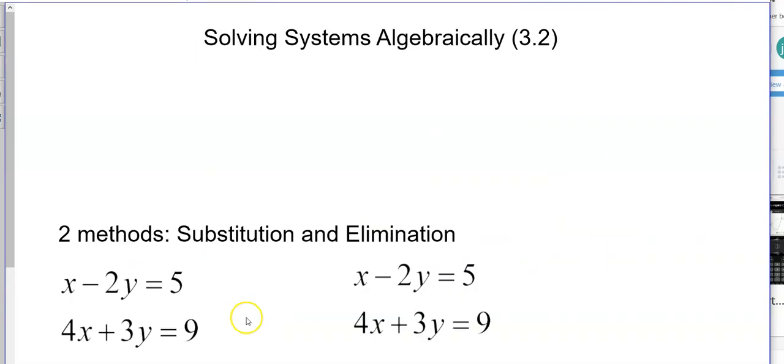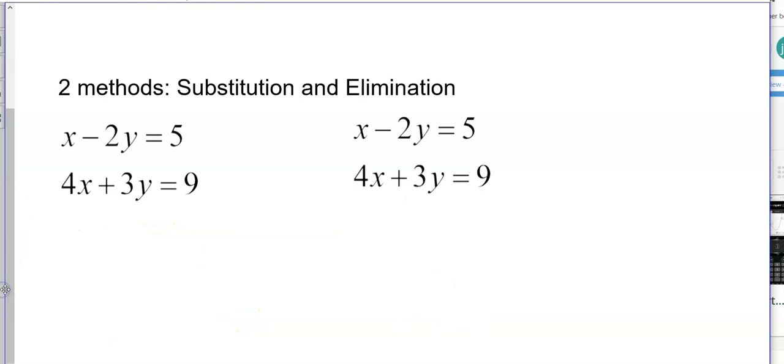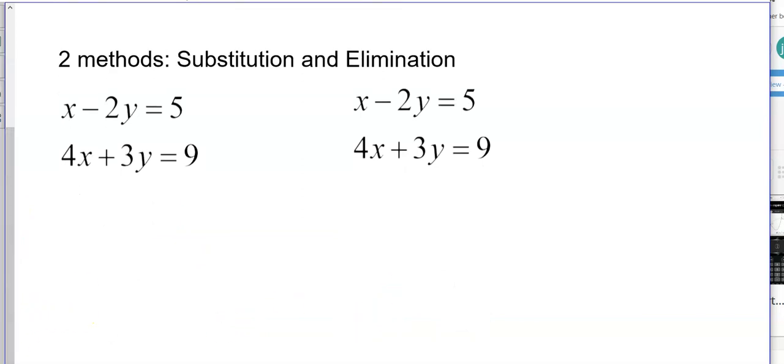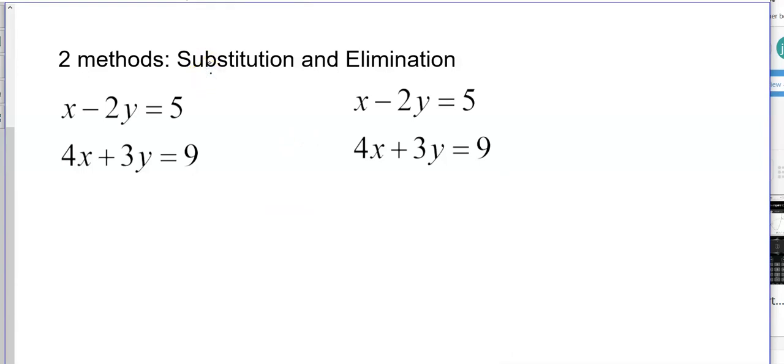Okay. So there are two main methods of solving a system, not the only two methods. And you're probably familiar with both of them, to be honest with you. It's very possible you've done both these methods before. This first method, substitution, let's try that one first.